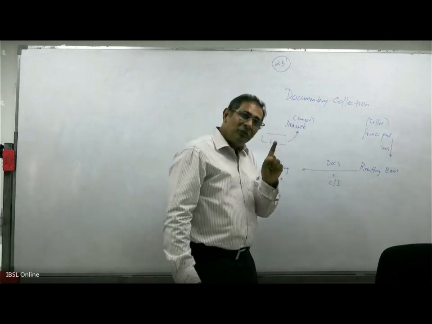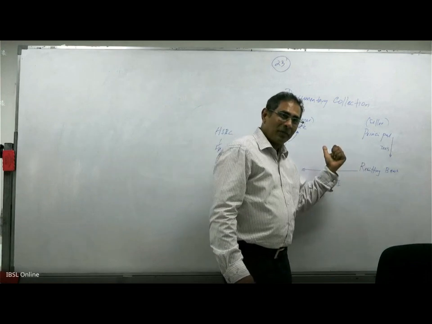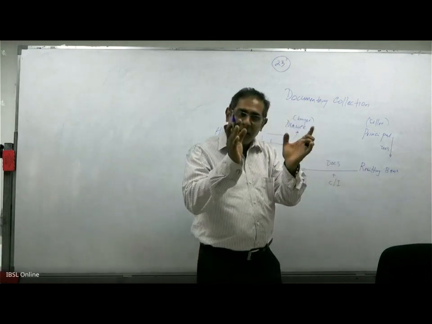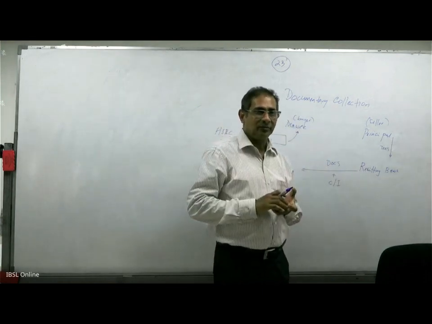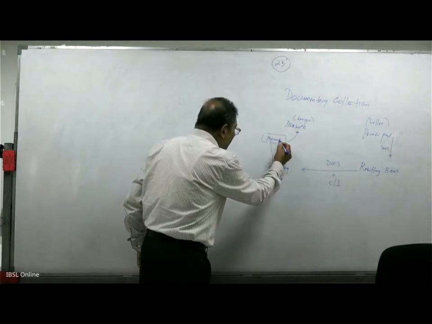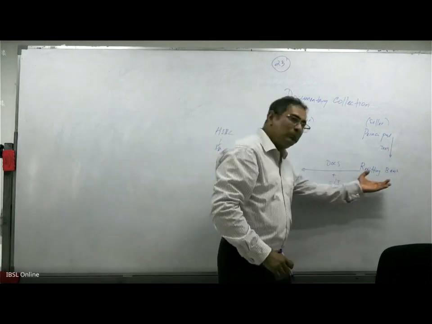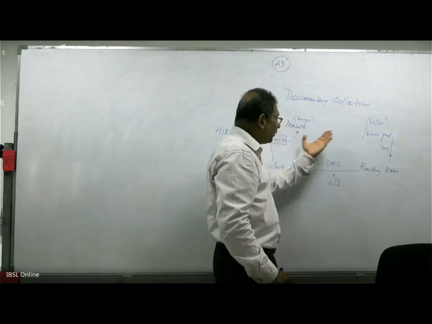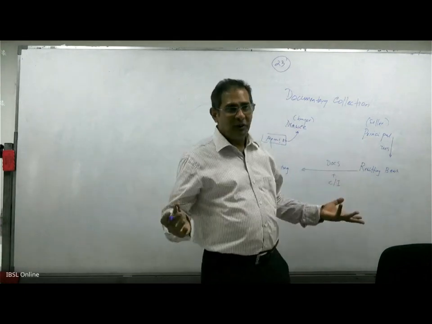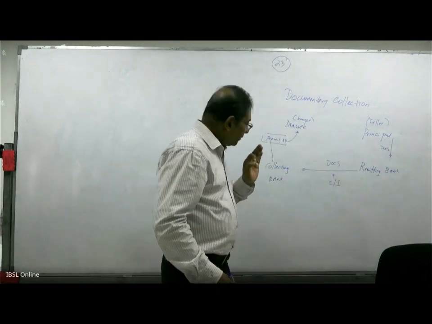Now you see, the difficult area in trade is only the terminology. The mechanism is not difficult. So this is the presenting bank. In an answer, if you write remitting bank for presenting bank, or presenting bank for principal, you won't get marks. So what is the conclusion?